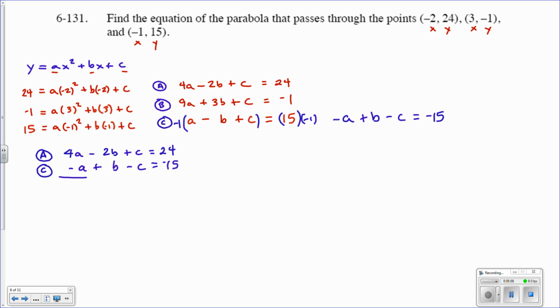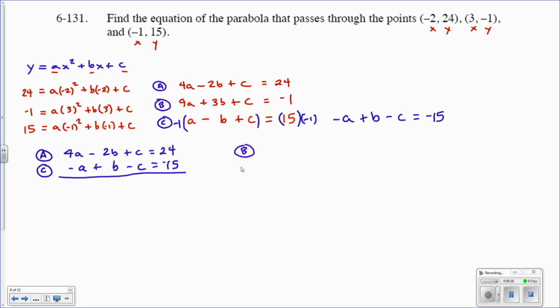So I know I'm going to do elimination. That's all set up for elimination. I'm going to set up my second pair of equations first before I do that. Since I did A and C, now I'm going to do B and C, because c will eliminate just as easily with those ones.